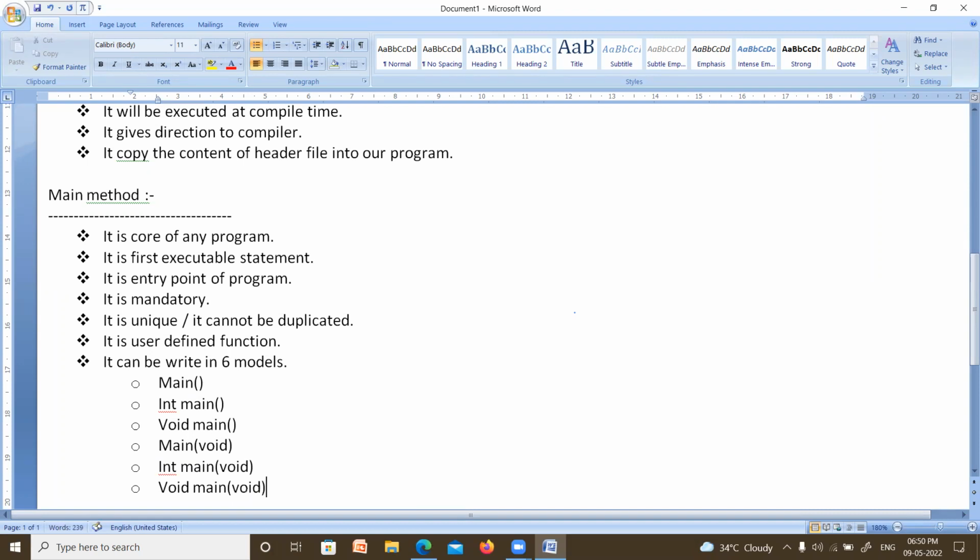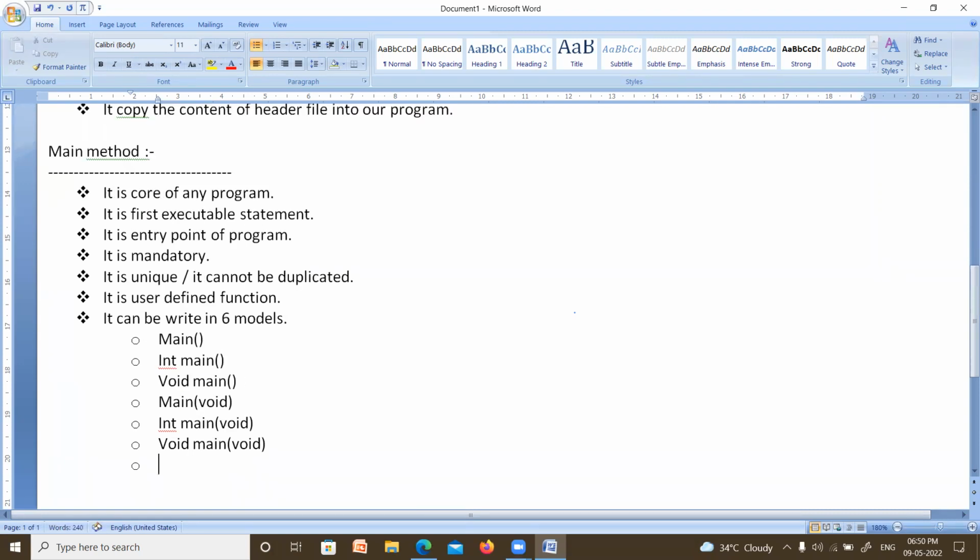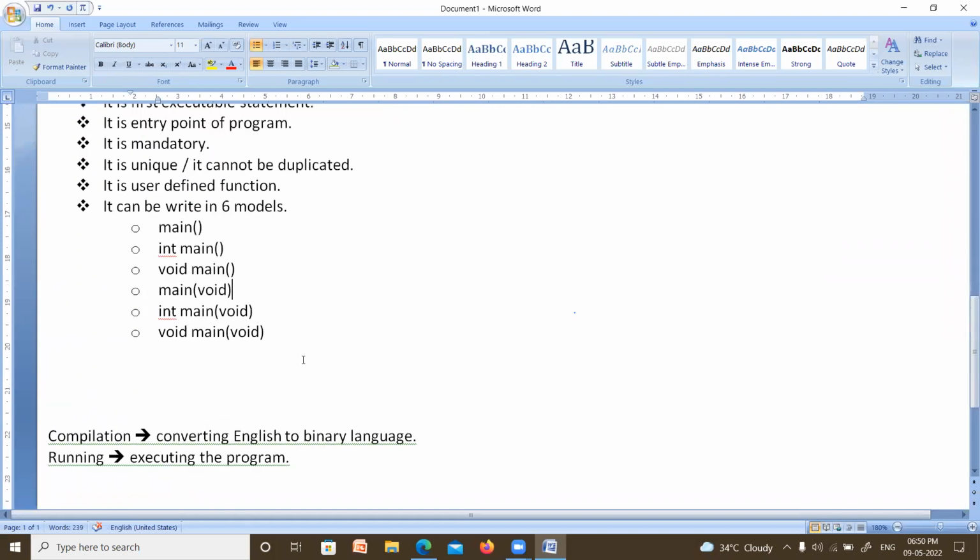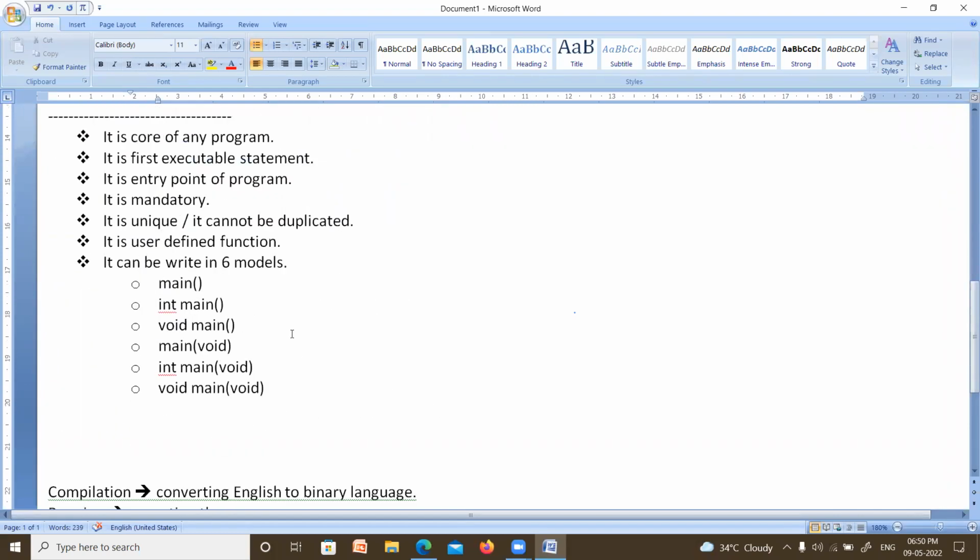You can write the main method in these 6 formats. All are lowercase letters only, so don't use any uppercase letter here. This is about the main method.